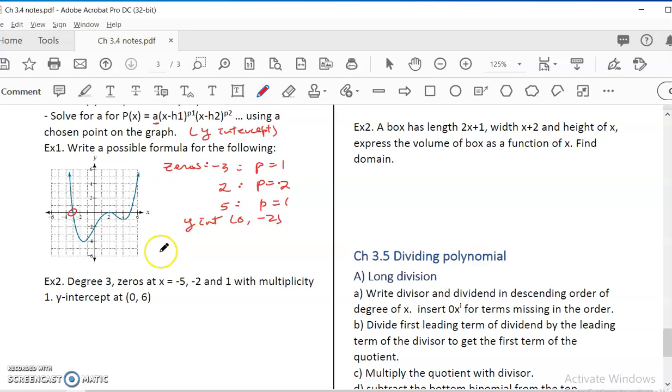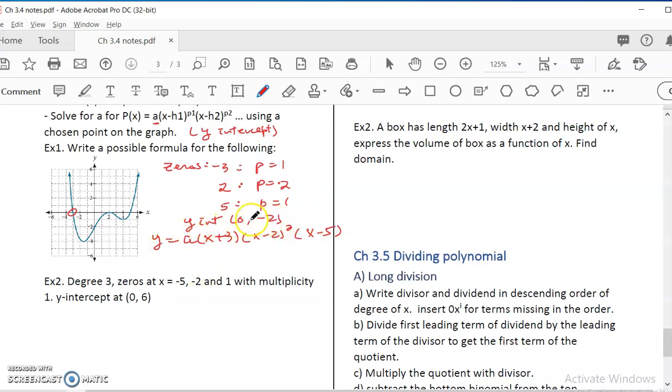So these are the important things that you need to collect. First, you will write y equal to a, times all those factors: x minus -3, that means x plus 3, to the power 1, (x minus 2) squared because the multiplicity is that, and then (x minus 5) to the power 1, with a. That is the preliminary version.